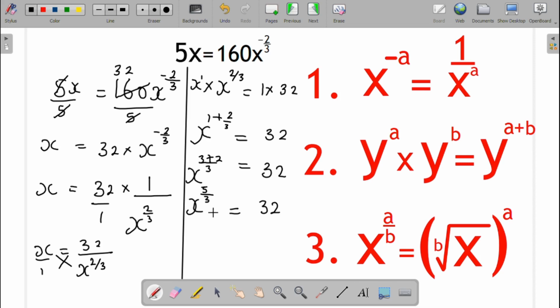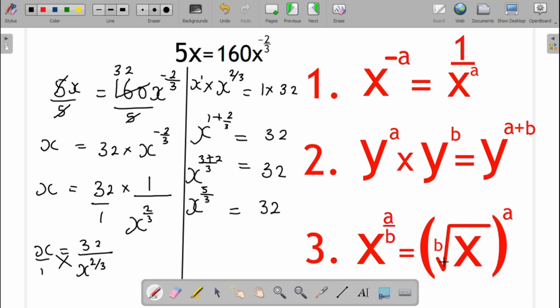Now, we are also going to apply one of the principles of indices: if you have x raised to power a over b, this is equal to, in brackets, the b-th root of x, all raised to power a. In other words, the denominator will become the root sign, while the numerator will be the power of the expression.